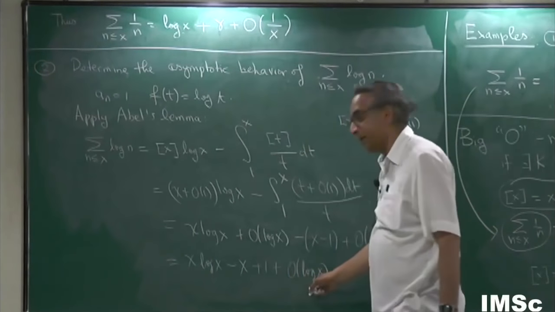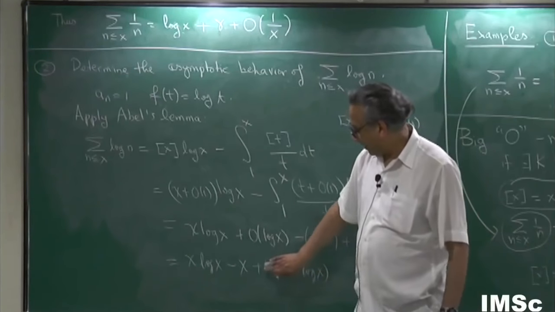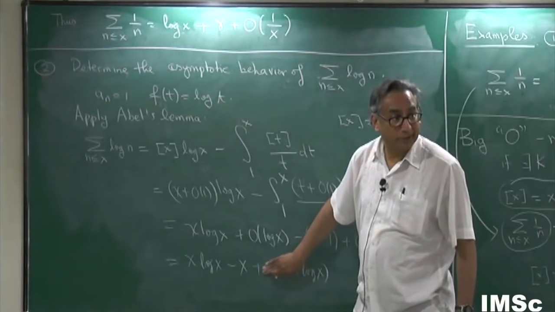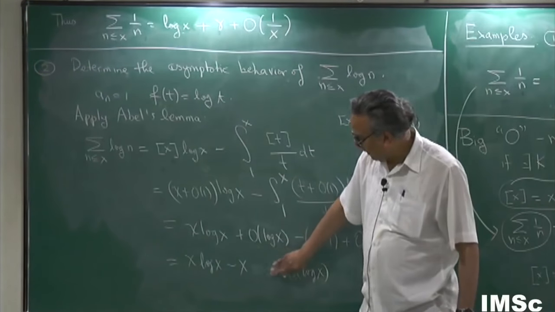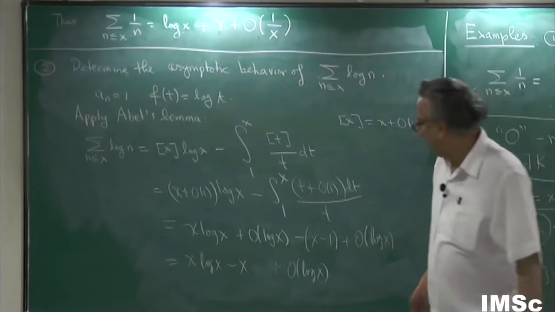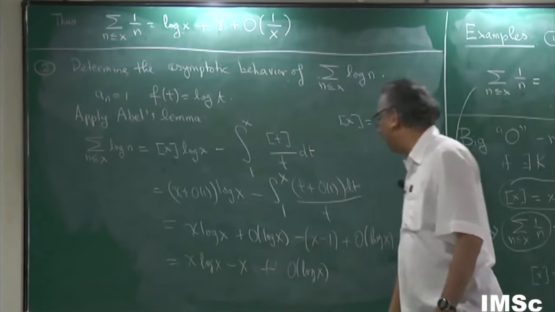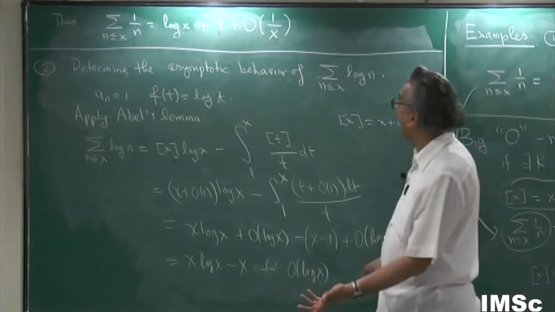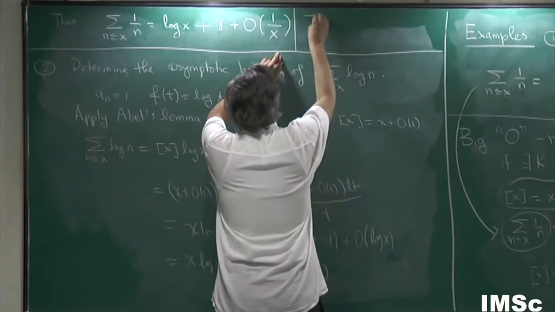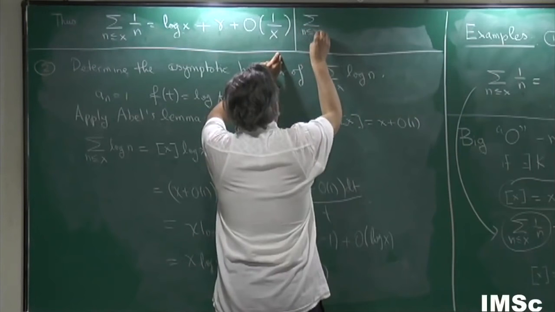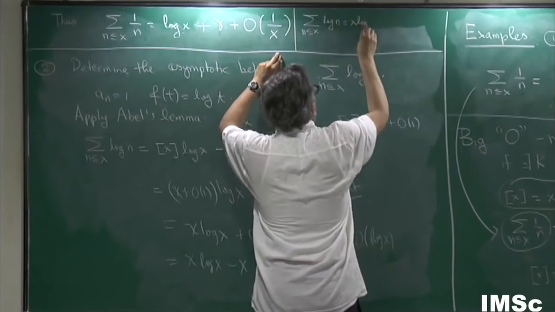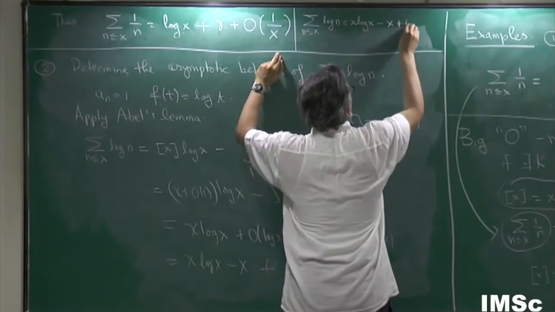And log x is bigger than 1, so this term is irrelevant now. See how this whole business works? There's no point keeping that silly 1 there, because it is bounded by log x. So you have a nice formula, which I will write here: the summation over n less than x of log n is x log x minus x plus O of log x.